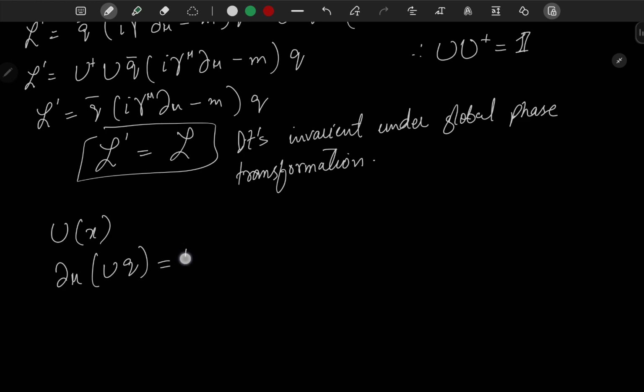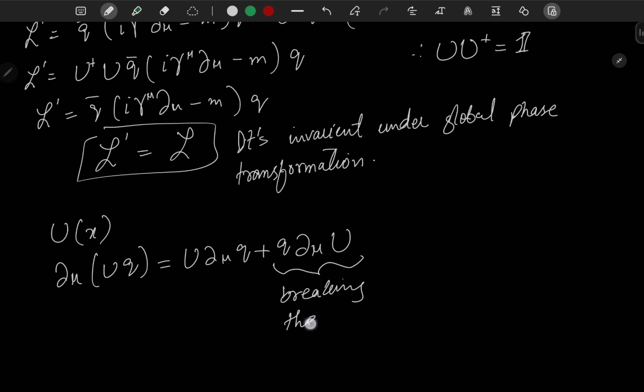If we write this, it will be like this: d mu of U. Okay, problem, this term right here is breaking the symmetry, or we can say that it's breaking our balls, as my friend would say.